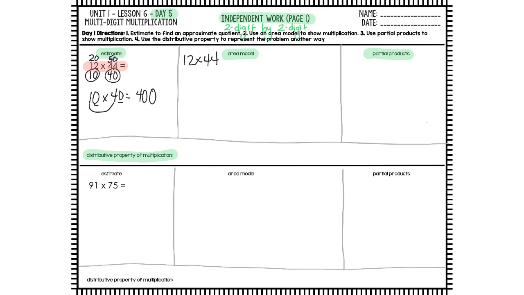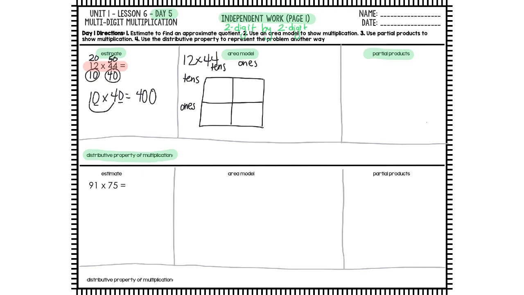So in my area model, it's no longer a long skinny box. Now we have the ones place. These numbers will both have the ones place from one of our numbers, and the tens place. And then on the side, we will have the ones place and the tens place.